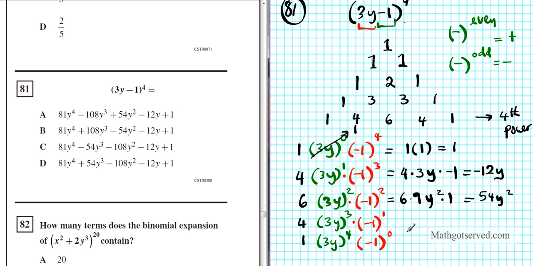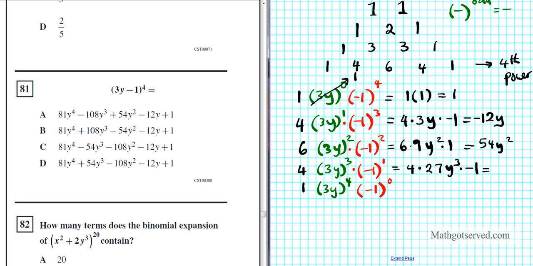Alright? And then the next one is 4 times 3 to the third is 27. Y to the third. You distribute this cube to the 3 and the y. Negative 1 to an odd power is negative 1. And then when you multiply 27 times 4, it's 80 plus 28, which is 108. So it's going to be negative 108y to the third.